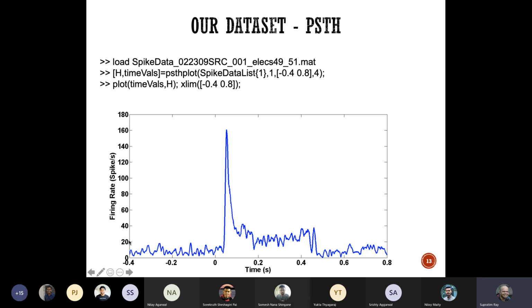It's 20 spikes per second. So in 10 milliseconds, you're getting 20 by 100, which is 0.2, right? So in a 10 millisecond window, you can get a spike with a probability of 0.2.